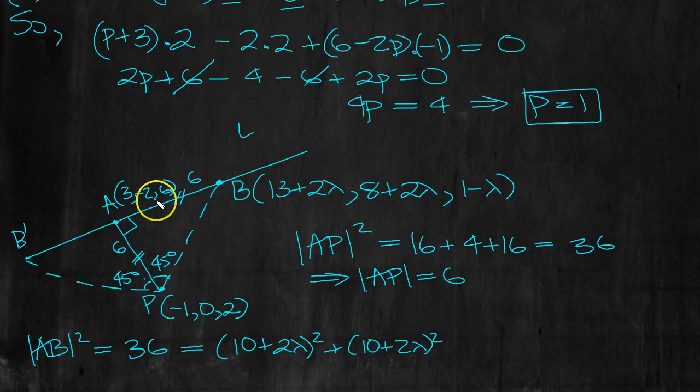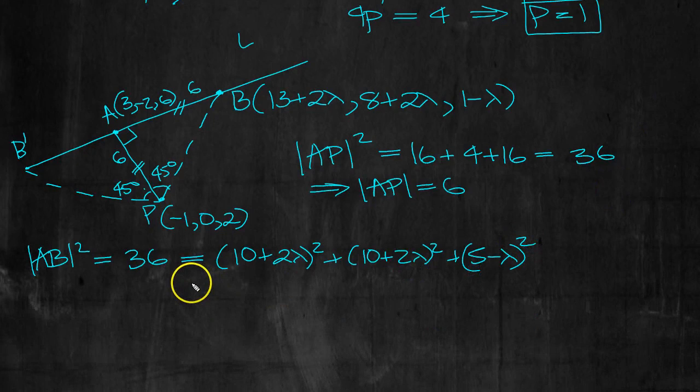There, because 8 to minus 2 is 10 and then a 2 lambda. And then 1 minus lambda to 6 is 5, isn't it? 5 minus lambda, squared.